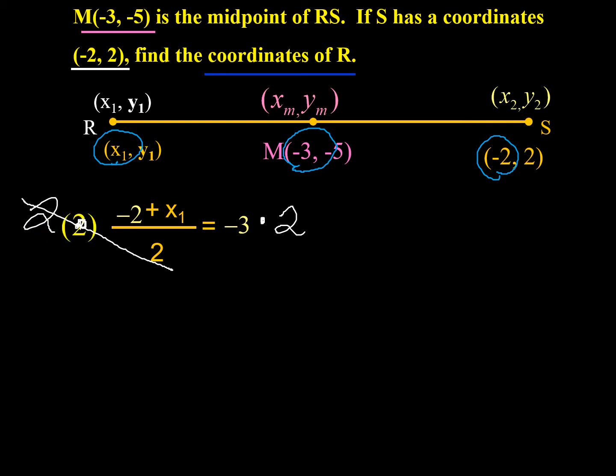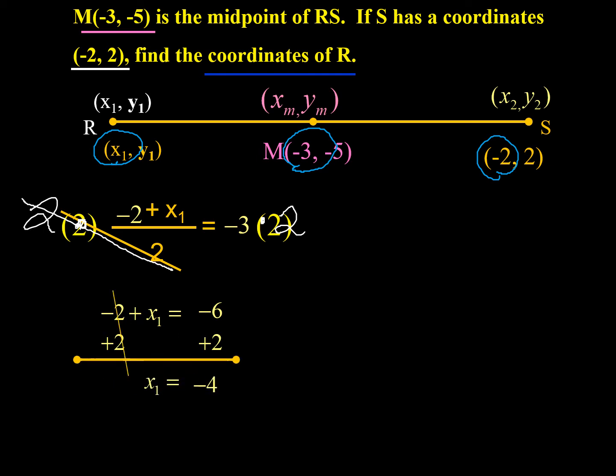All right, that comes up there. What's left? -2 plus x. What's left over here? -6. And now it's an easy problem. Move your -2: plus 2 plus 2, and you get, it's kind of slow, -4. Okay, so first endpoint has an x value of -4.